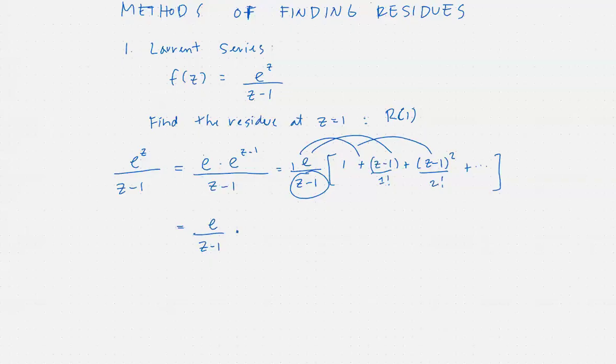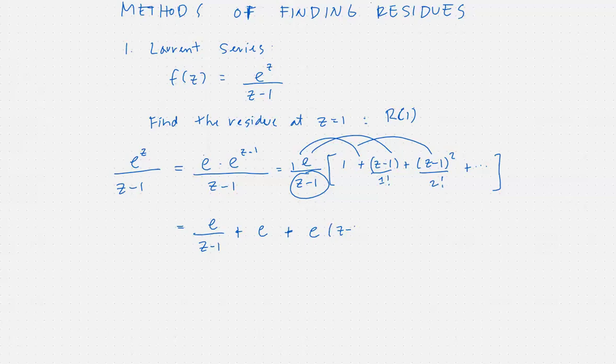Then multiplying the second term, z minus 1 will cancel out, so we have only e. Then plus e times z minus 1 over 2 factorial, right?